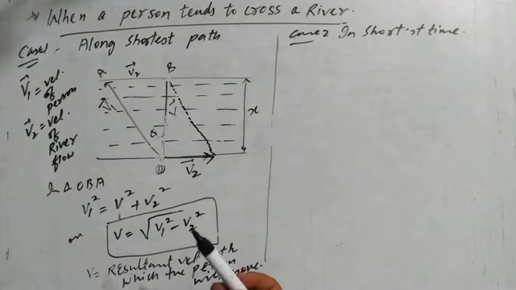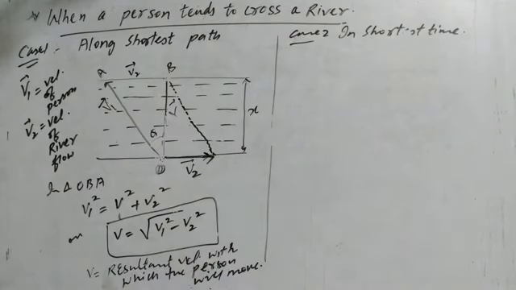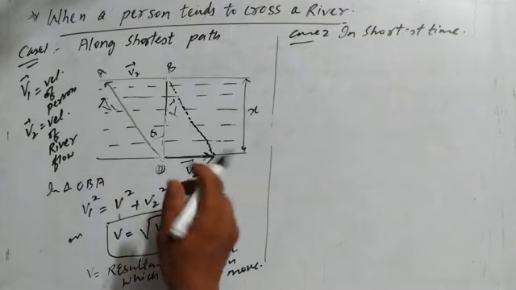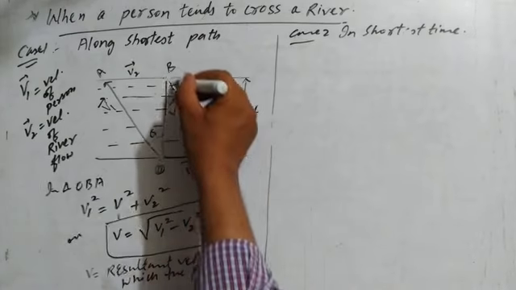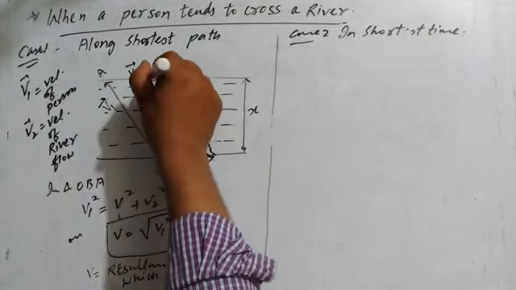Now, for finding out the magnitude of the resultant velocity v, we will just use a simple method. If this is v2, we have completed this parallelogram, and this side will also be v2.